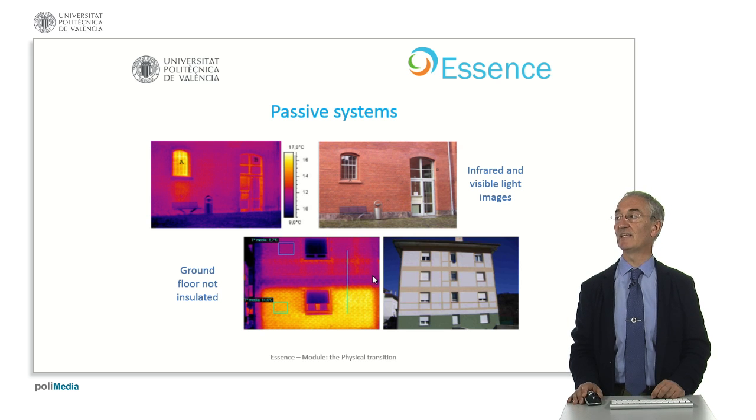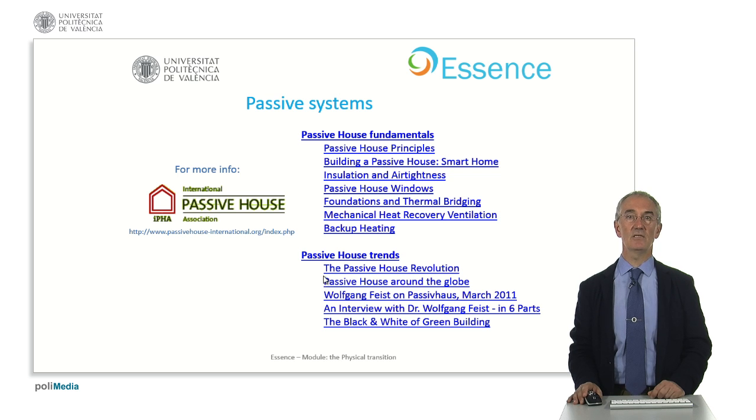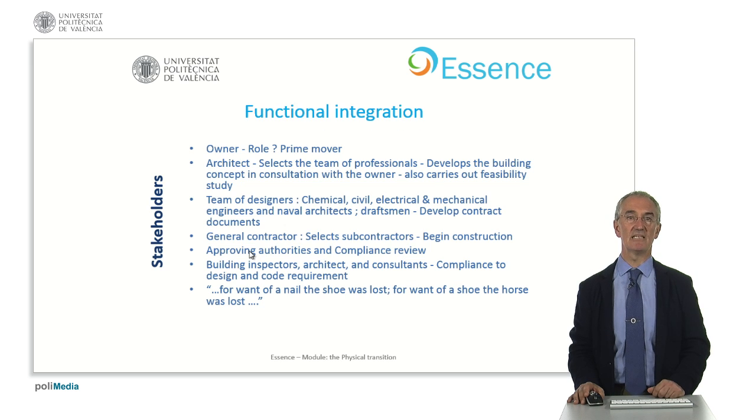Depending on how we design our building, we can see on the infrared images the solution and the loss of energy, which is the most important part when we have to run a building, and even considering the construction phase. Again, you can have here links to important information on how to implement all these passive strategies for our buildings.